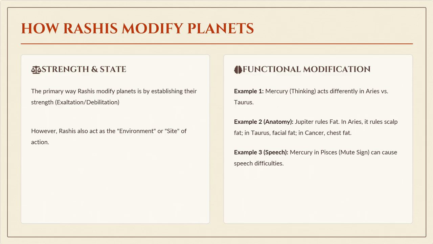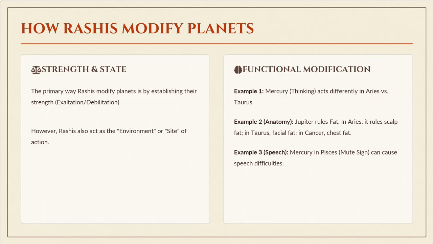It is the heaviest planet, so it represents fat. If Jupiter is in Aries, it may represent a fat scalp. If it is in Taurus, the person may have a fat face. If it is in Cancer, then maybe the chest is fat. So this is how planets and Rashis interact with each other.